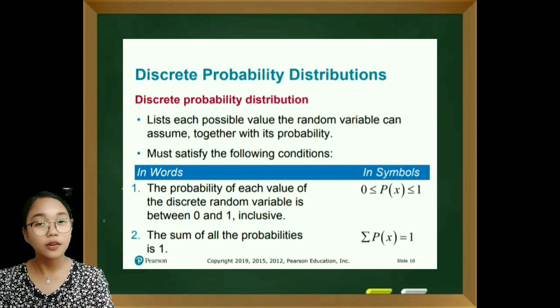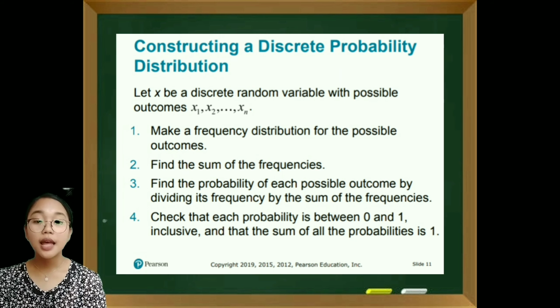Okay? Constructing a discrete probability distribution. So how? We have here four steps. Let x be a discrete random variable with possible outcomes x sub 1, x sub 2, and so on, x sub n. First, make a frequency distribution for the possible outcomes.